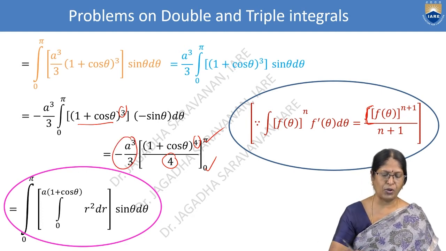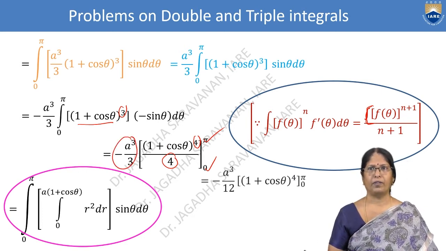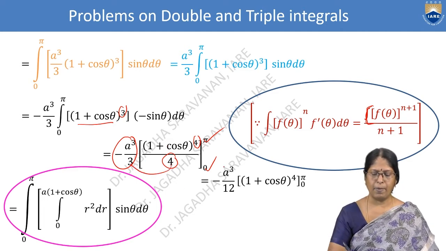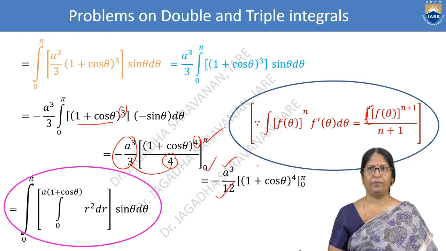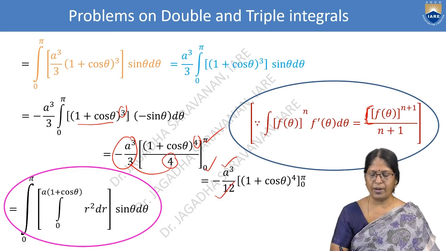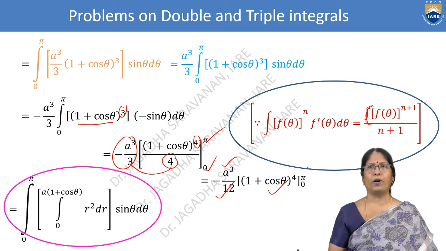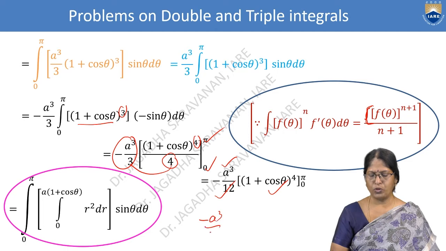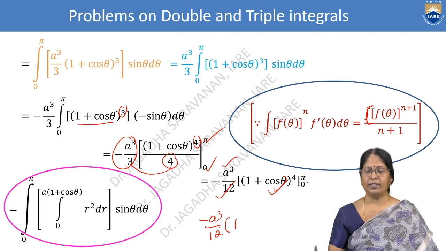So minus a cube by 3, with this 3 into 4 put together, gives minus a cube by 12 times 1 plus cos theta the whole power 4, from 0 to pi. Now we will substitute the values. Minus a cube by 12, and here cos theta, theta takes pi. Cos pi is nothing but minus 1.